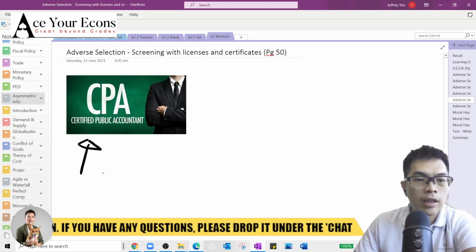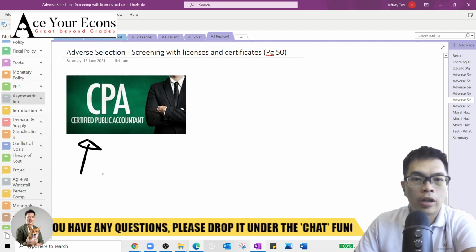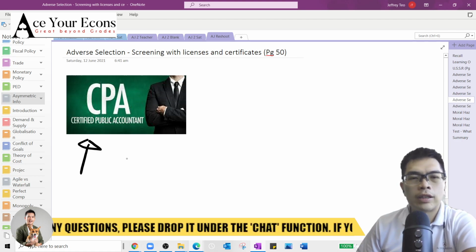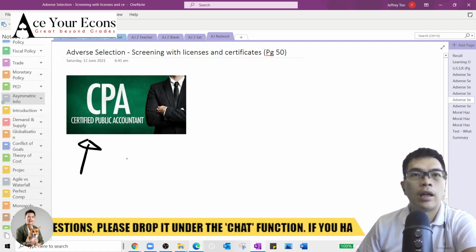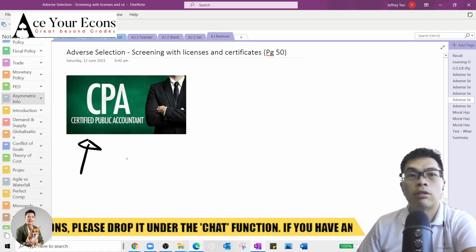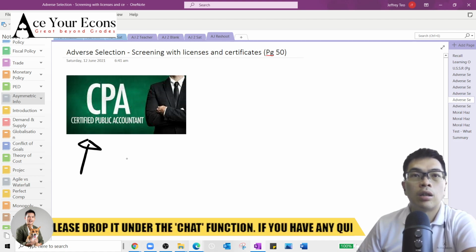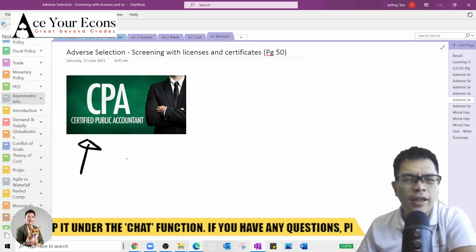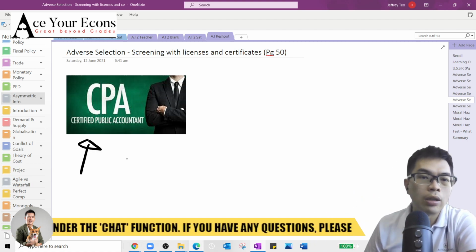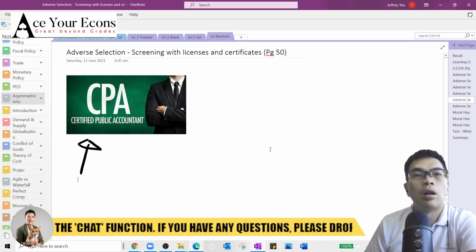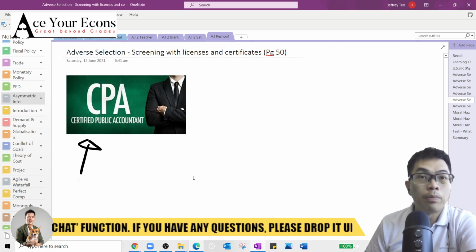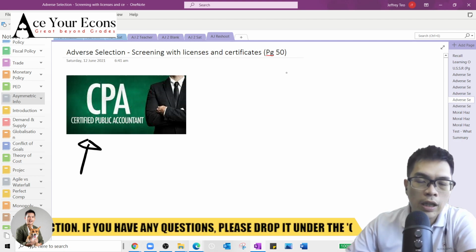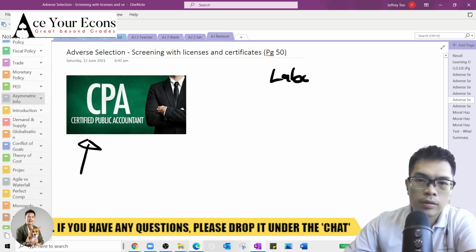CPA is a proper form of certification for accountants, right? If you don't have a CPA cert, you are probably not certified to take on more complicated accounting jobs. So this is also one way that you screen your employees. You can see that this market failure or adverse selection occurs in the labor market.